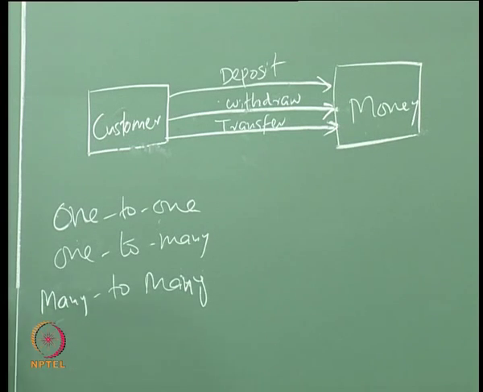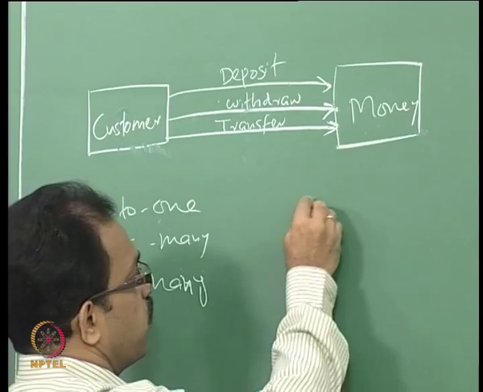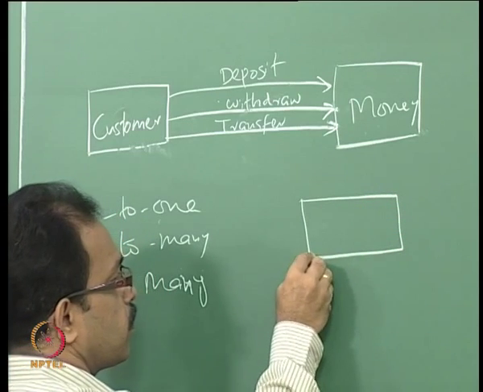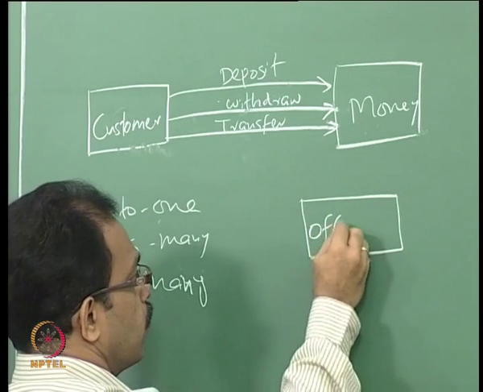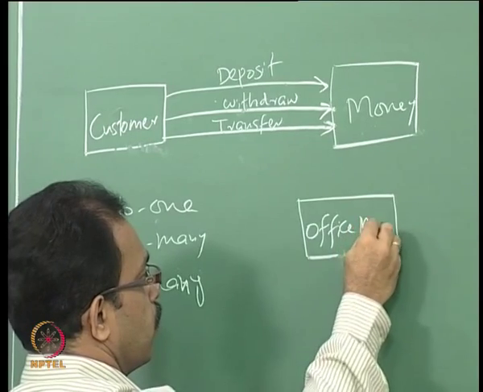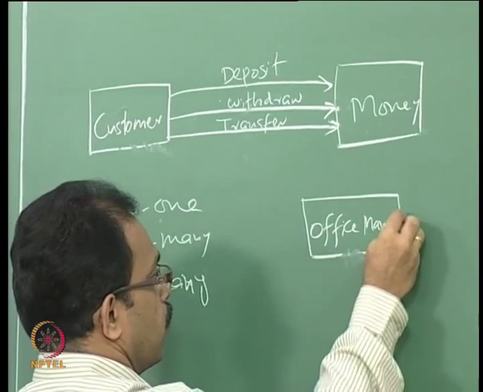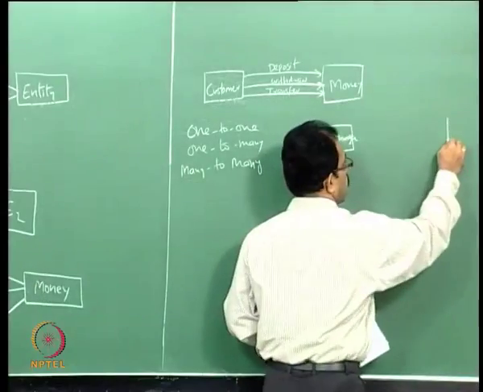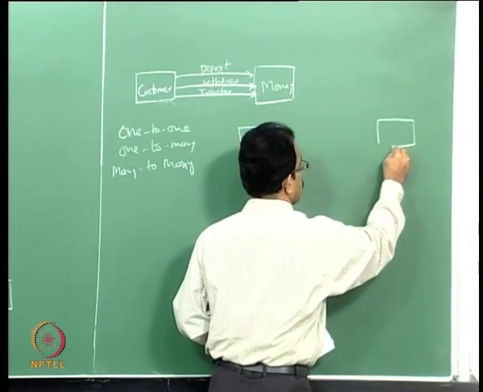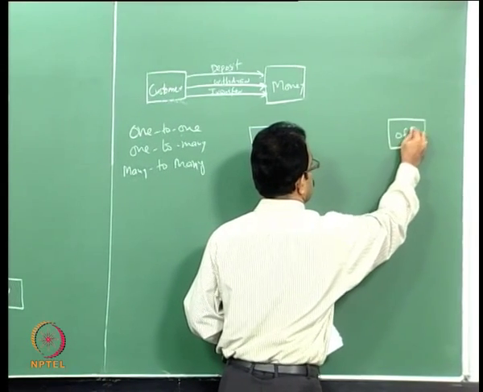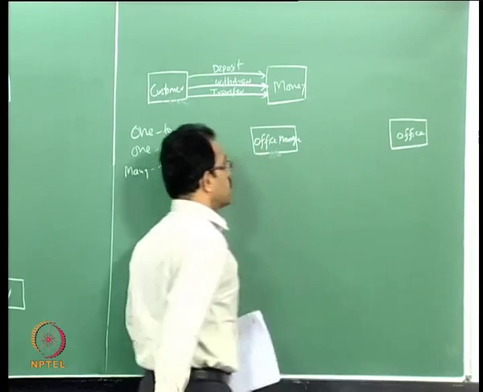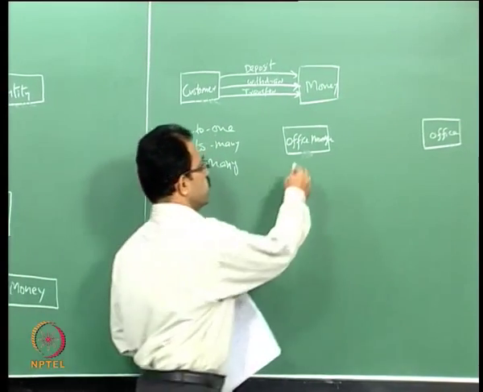So, here you can see if you have two entities like an office manager and office. Suppose these are the two entities, then we can have a relationship here.